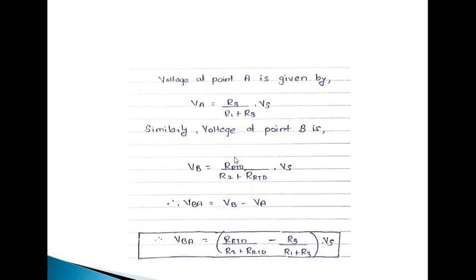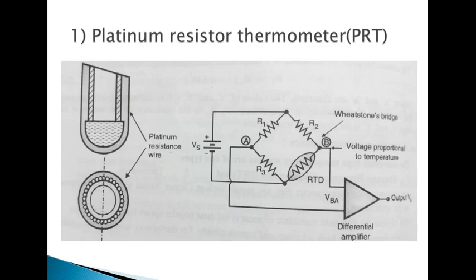So this is the simple working principle of the RTD. You can make different arrangements here, no problem. You can use two RTDs, or three RTDs, or use an RTD in place of R1.